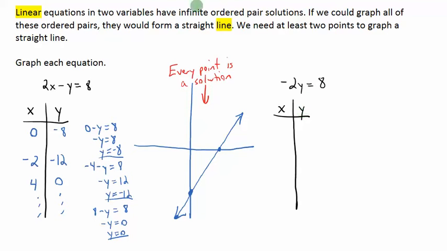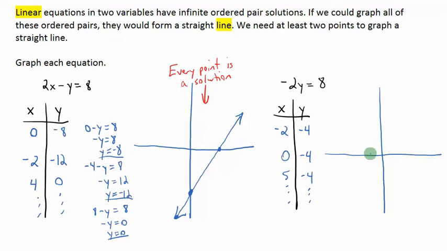In the next equation, I already know that my y values all have to be negative 4. So for my 3 ordered pairs, I know my y values have to be negative 4. And my x value, because there is no x, can be anything. So maybe x is negative 2, maybe x is 0, maybe x is 5. Now if I plot those, let's see what it looks like.